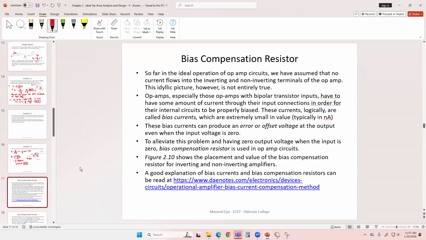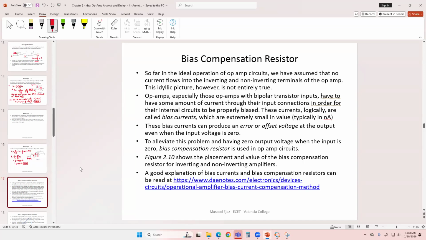If it does appear, it's going to be an extremely small value, even if your input differential voltage VD, the difference between the positive input and negative input, is 0. So we need to take care of that. We want the output to be 0 when the input differential voltage is 0. We don't want a small voltage at the output.